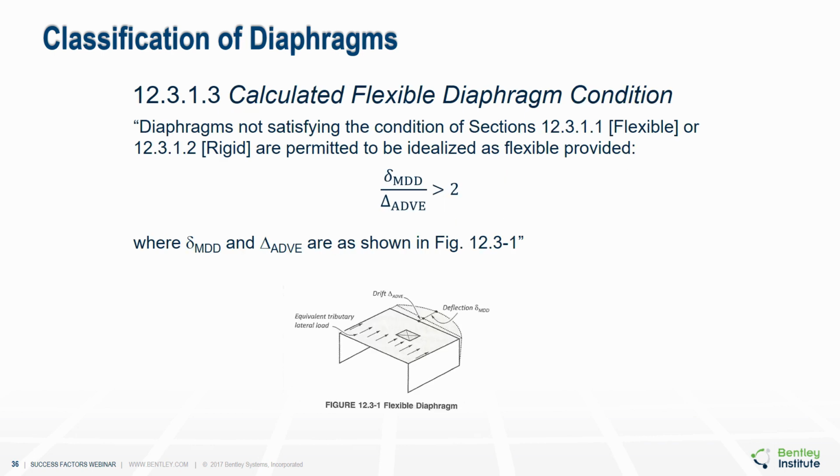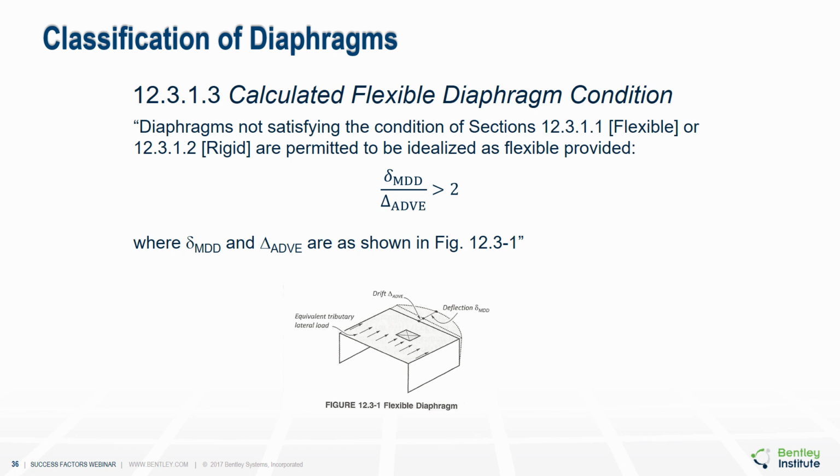Finally, if a diaphragm has not qualified as flexible based on the criteria in section 12.3.1.1, nor qualified as rigid based on the criteria in section 12.3.1.2, the diaphragm may still be shown through analysis to qualify as flexible as given in section 12.3.1.3.